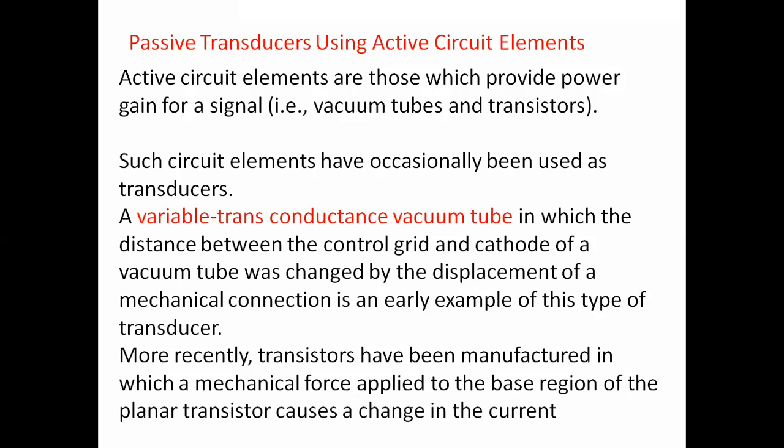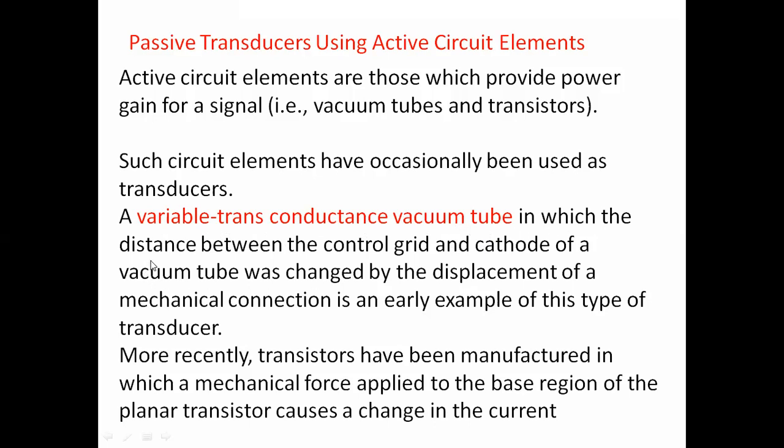When these electrons reach the anode, a short circuit will be formed, and by that the current will pass. Based upon that principle, here we have the variable transconductance vacuum tube.